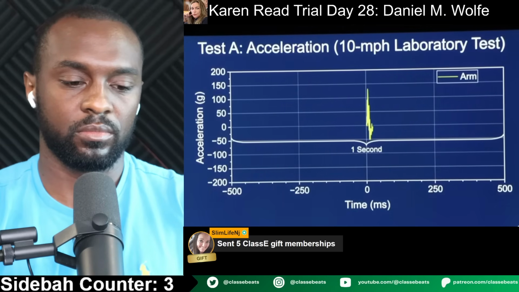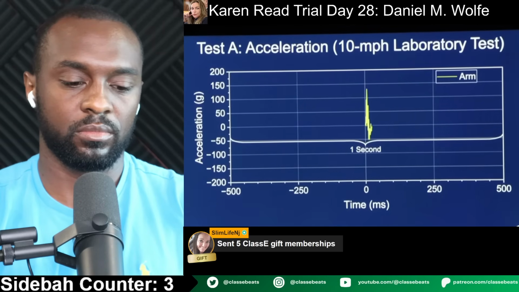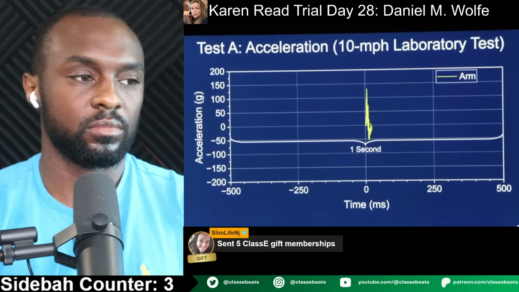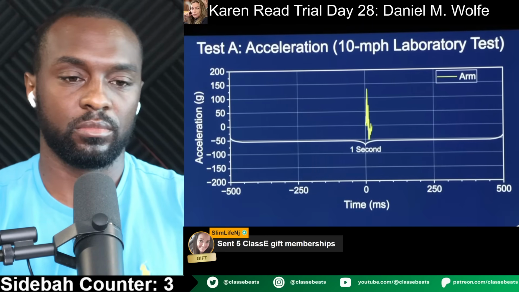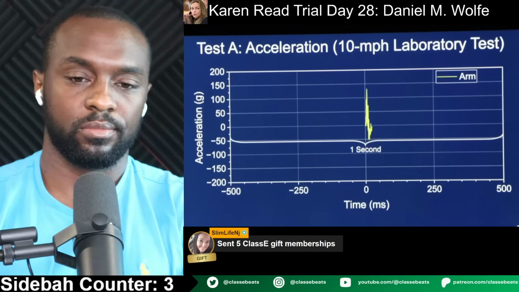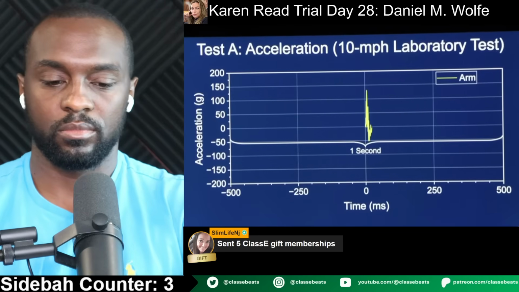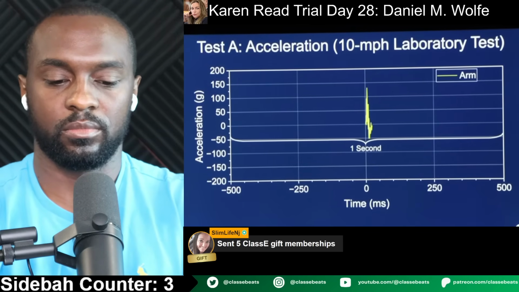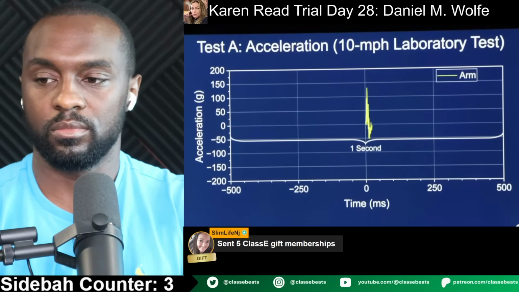What are we looking at in this graph? So this is a graph that shows roughly, on the next graph, you're going to see a 24 millisecond window. What I want to show you on this graph is what that looks like over a full second, so you can have an appreciation of just how quickly this is occurring. As you mentioned earlier, your comment about a blink of an eye, this is even shorter than that.